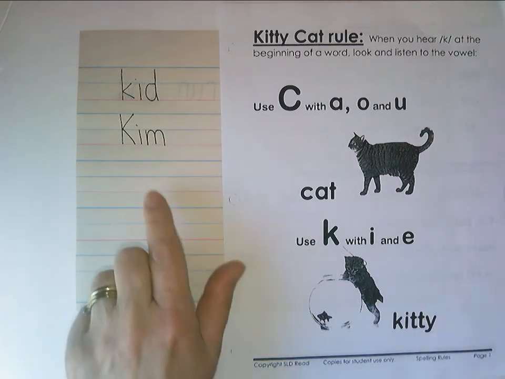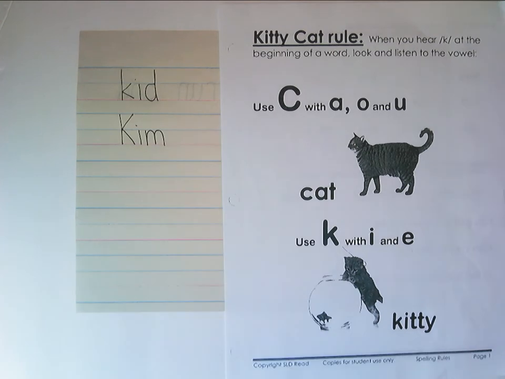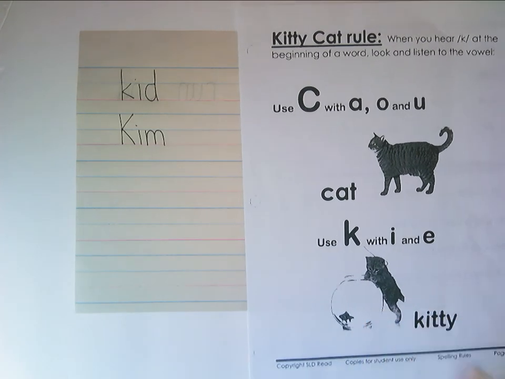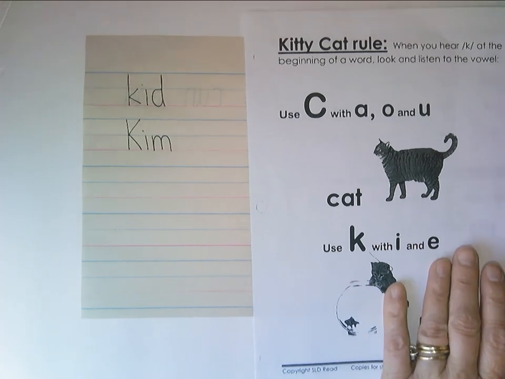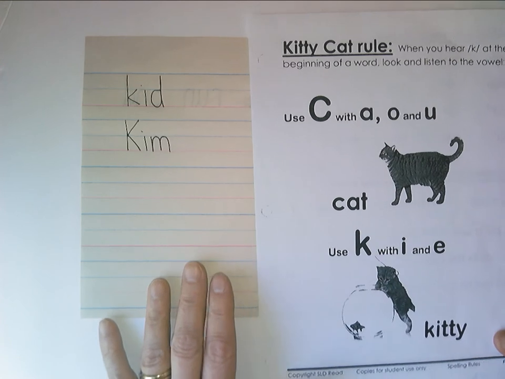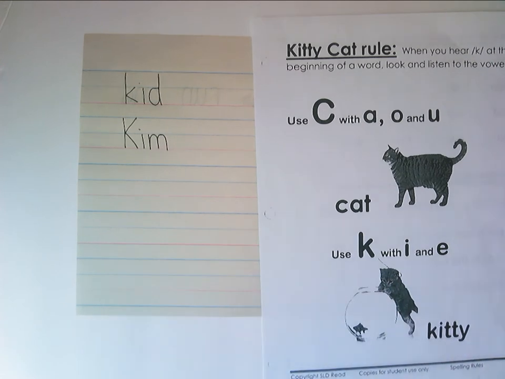All right, so this says Kim. How about the word cop? Cop. Sometimes we can call a policeman a cop. What do we use, a C or a K at the beginning of cop?